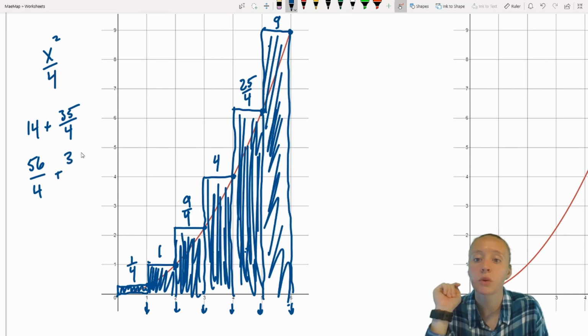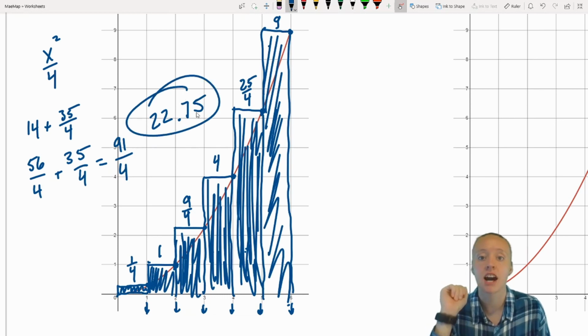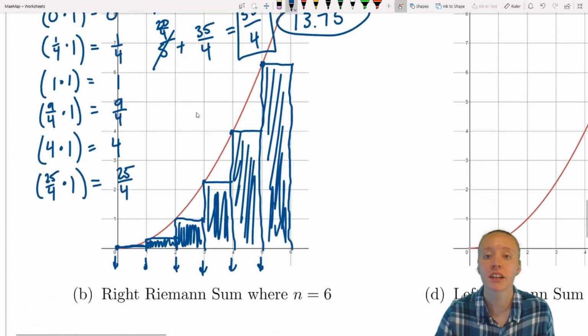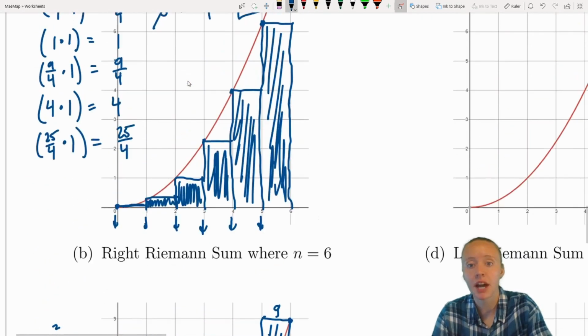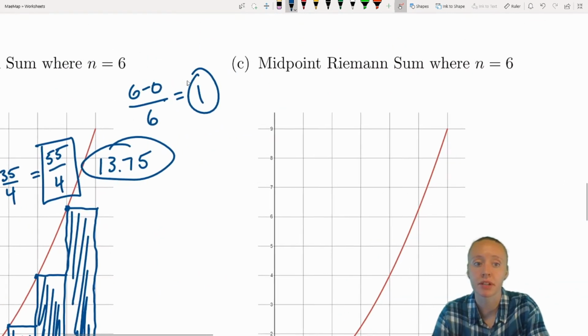So 56/4 plus 35/4 is equivalent to 91/4, which gives me an area of 22.75. So up above, I had an area of 13.75. This was an area of 22.75. Let's see what happens when I do a midpoint Riemann sum.